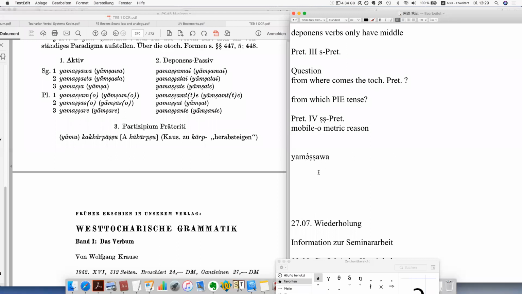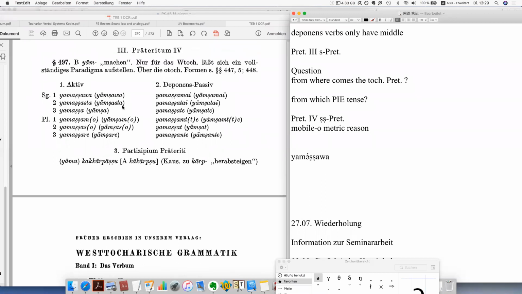Oh, wait a minute, it's a little bit weird. So the accent here is a little bit different. There are 4 syllables, 3 syllables, but the accent is on the first one. So the accent for this form is a little bit strange.